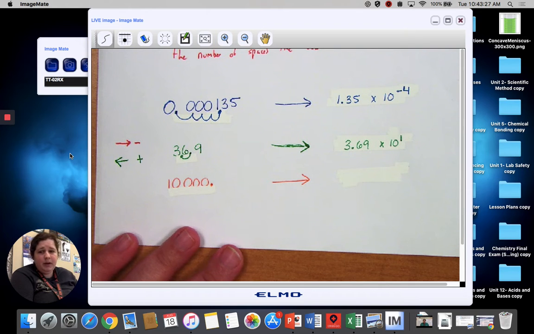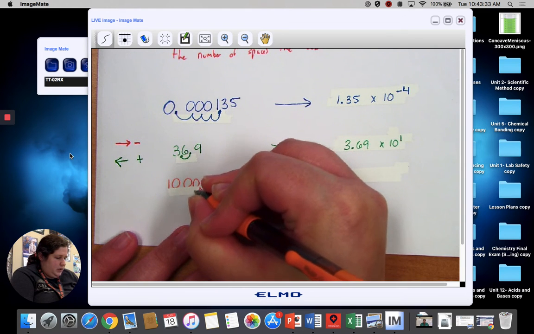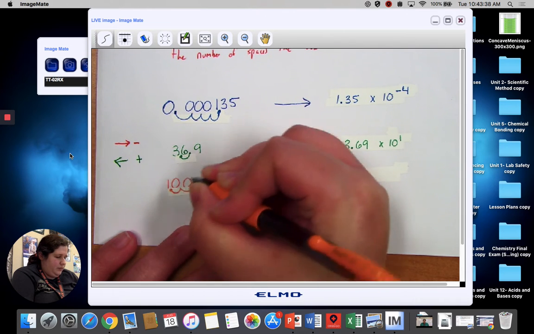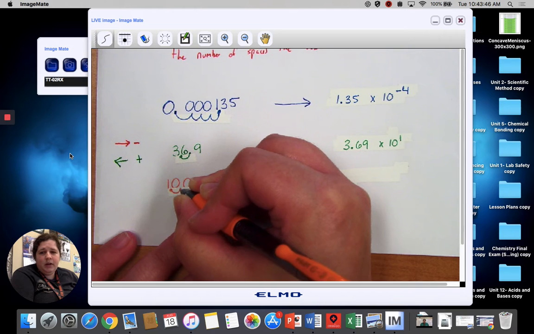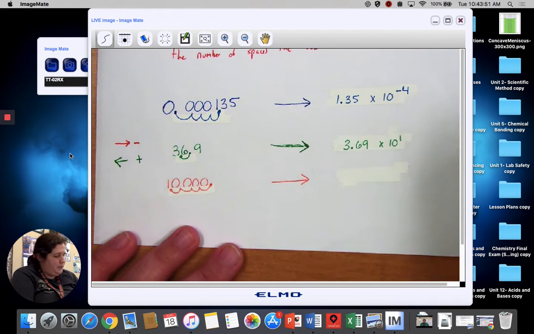So it can be up to 9.9, but not 10.0. Okay? So 1, 2, 3, 4. Okay? If I had left it right here between that first and second 0, then it would be 10.0. That's too big. It has to be a single digit to the left of the decimal. So 1.0.